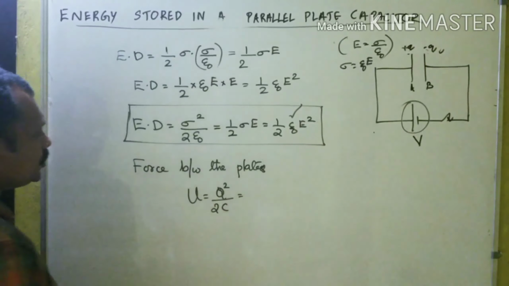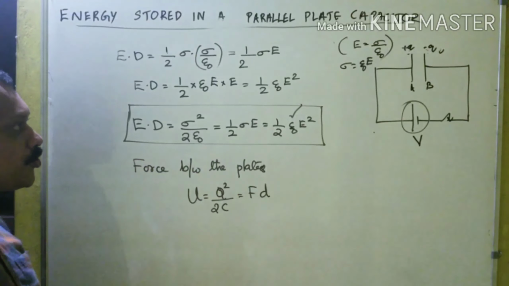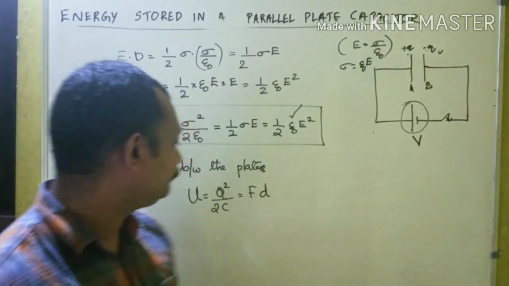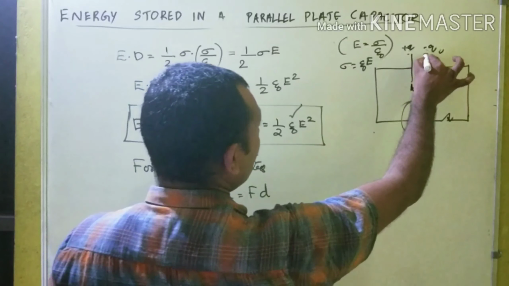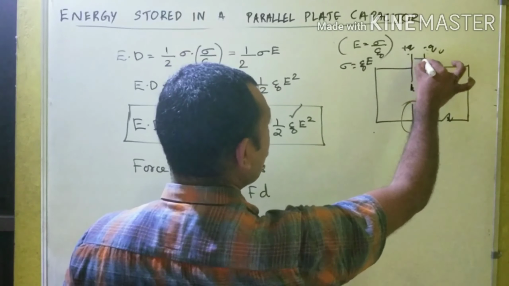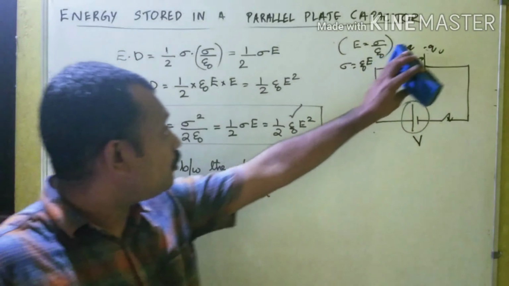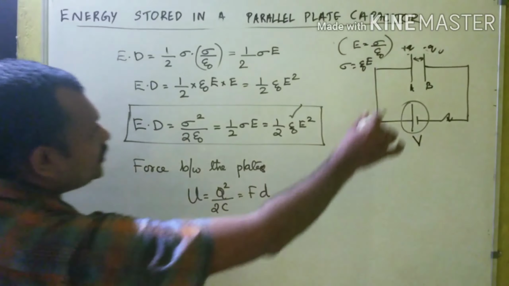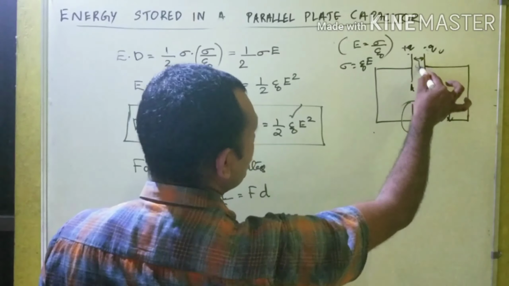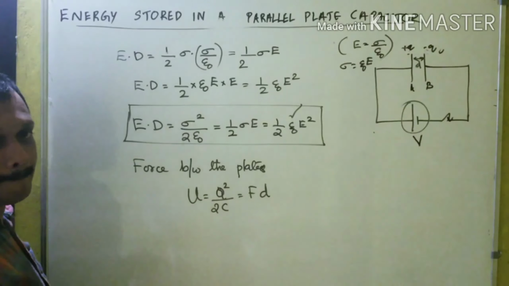I can write it as F into D, that is force into displacement, where F is the force between the plates of the capacitor. Here the displacement means the work done to take a charge between these two plates. What is the force required to take the charge between the two plates, which means the separation between the plates is D, the work done is force into displacement, this is F into D.